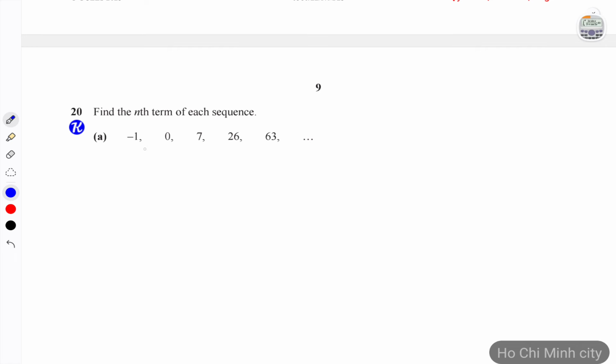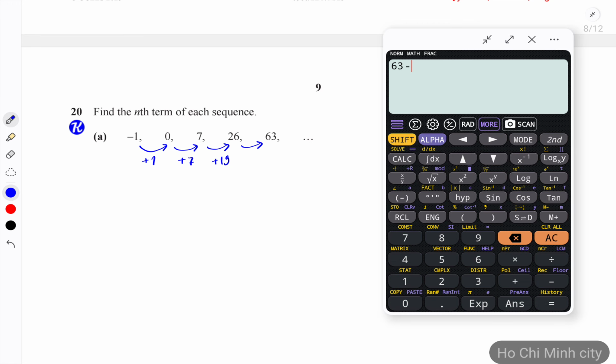From negative 1 to 0 is plus 1, and plus 7, plus 19, and plus, let's say, 63 minus 26, 37. But because the difference here is not common, they're so different, let's repeat this step one more time.